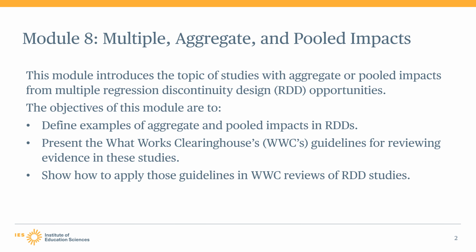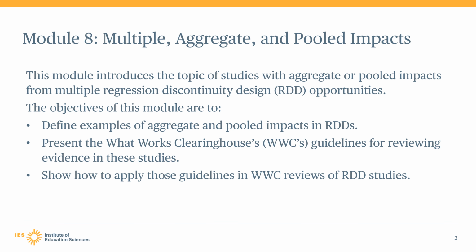So for instance, in a multi-site study, perhaps one site fails the institutional integrity check for manipulation. That site could then be excluded from the aggregate impact, thereby resulting in a higher rating for the aggregate impact.